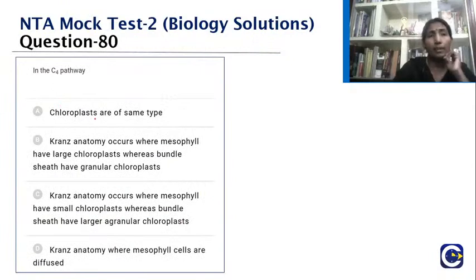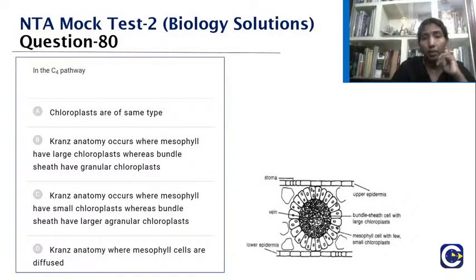In the C4 pathway, the chloroplasts are of the same type; Kranz anatomy occurs where mesophyll will have large chloroplasts whereas bundle sheath has granular chloroplasts; or Kranz anatomy occurs where mesophyll has small chloroplasts and bundle sheath has large granular chloroplasts; or Kranz anatomy where mesophyll cells are diffused. Kranz anatomy we are very much aware of. We see the bundle sheath cells and the mesophyll cells.